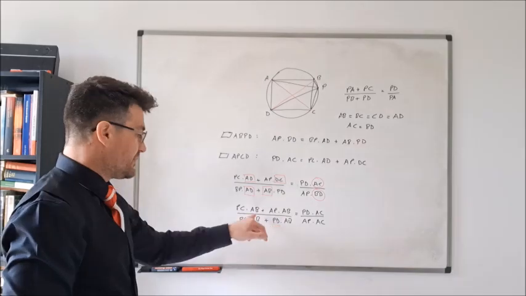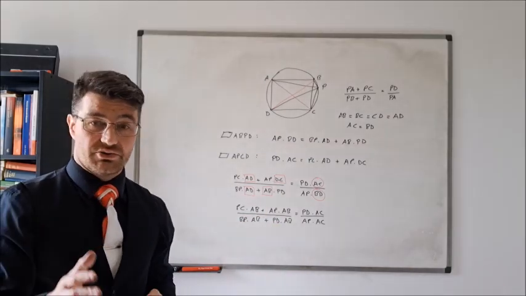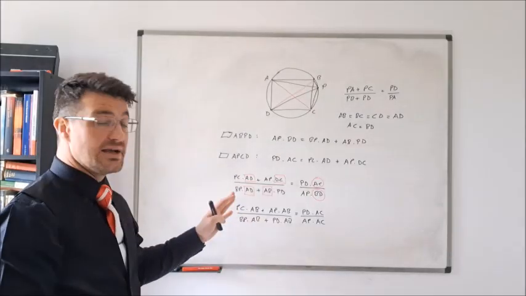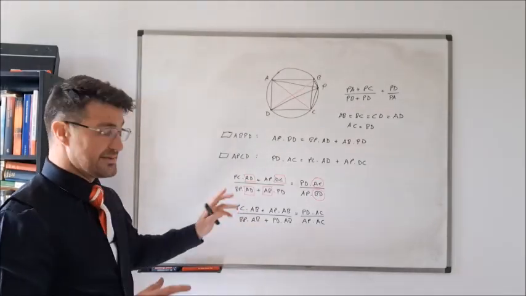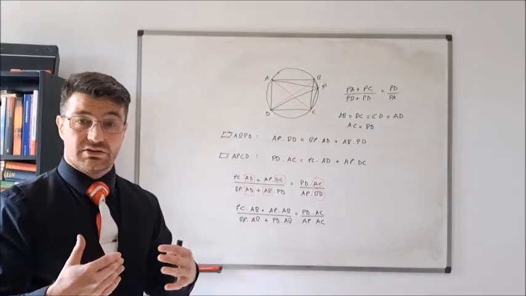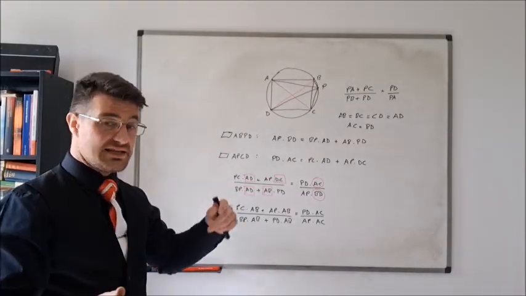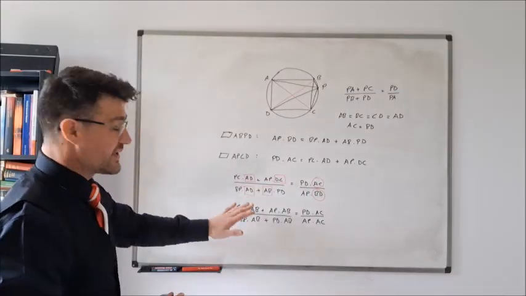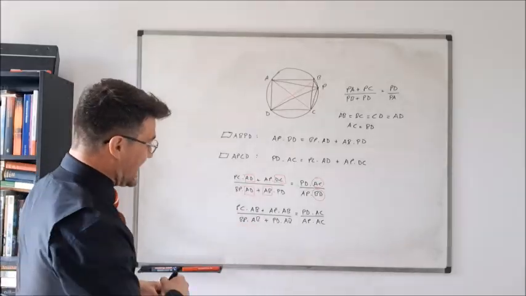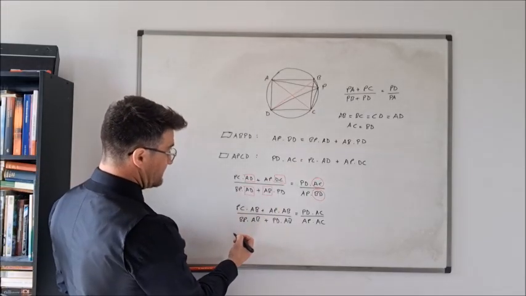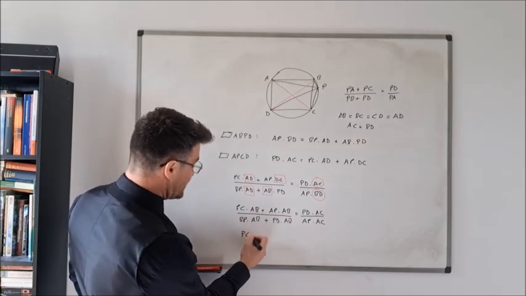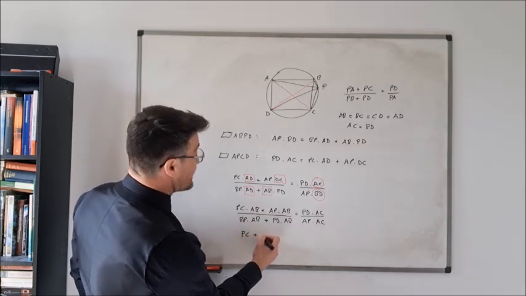So I can take AB out, which is not necessarily how Euclid would have viewed this, as these would be lengths, and PC times AB would be a rectangle with sides of length PC and AB and things like that. But we'll think of them as just numbers, just to save a bit of time and space. So we can take the AB out as a common factor and cancel out.